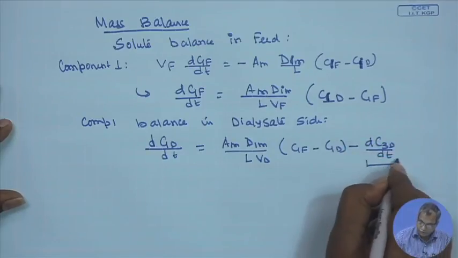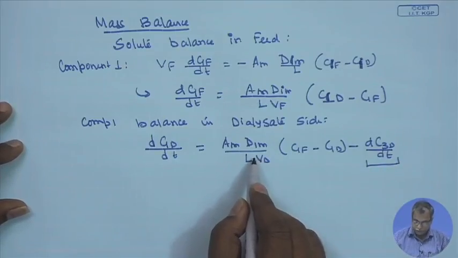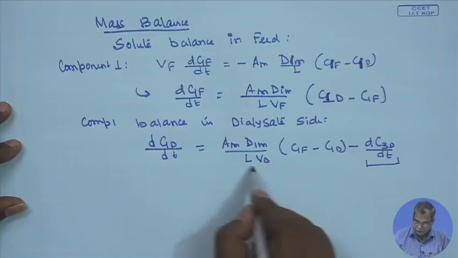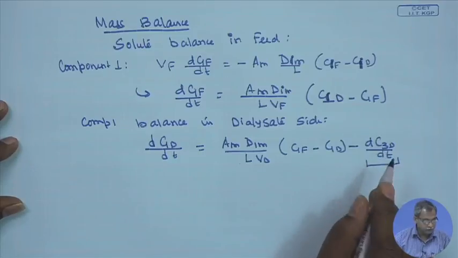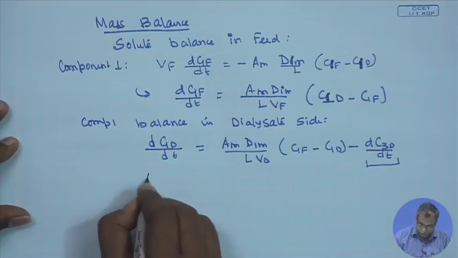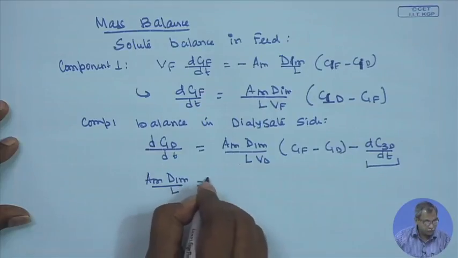This is basically the rate of consumption. The first term is the amount of solute arriving in the dialysate side, and the second term is the amount of solute consumed because of the chemical reaction that is going on. So, we consider A m D1 m by L to be equal to K.